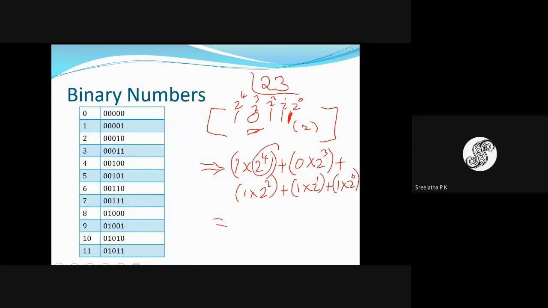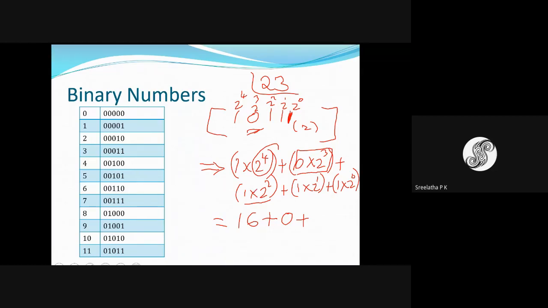How much is 2 power 4? 16. So 16 plus 0 into 2 power 3, which is just 0, correct? Plus 1 into 2 power 2. What is 2 power 2?